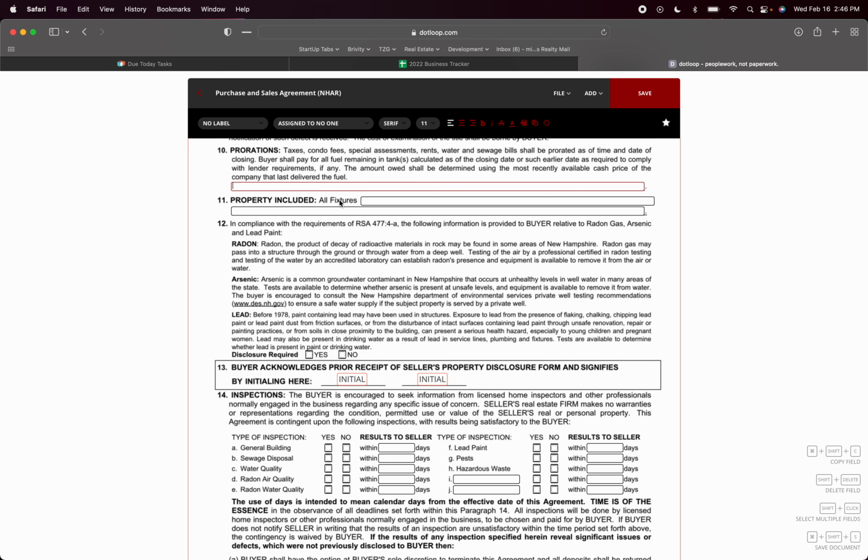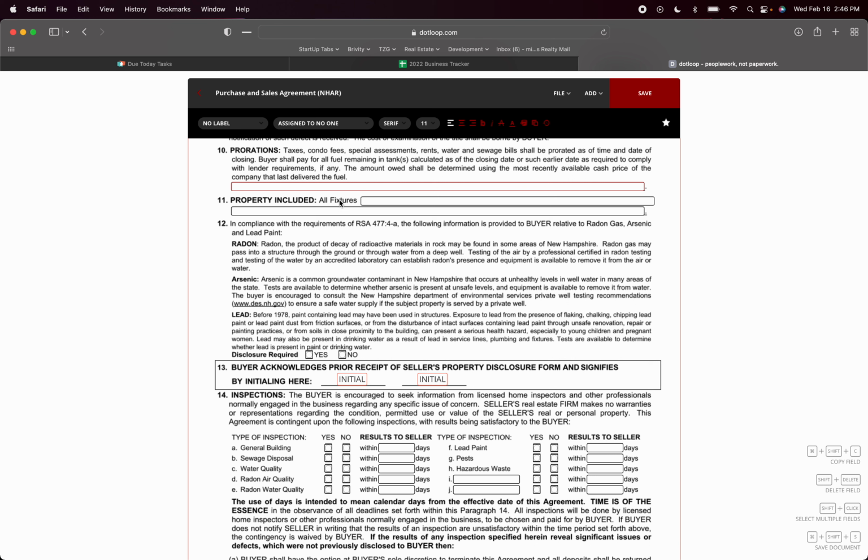So those are really important things to keep in mind when you're writing out a contract, because if your buyer specifically wants or doesn't want something, like if they really hate a light fixture or a curtain rod and they want those gone, you should specify that in the contract. Otherwise, it's a fixture and it stays with the property. It becomes your buyer's problem once they purchase the property.